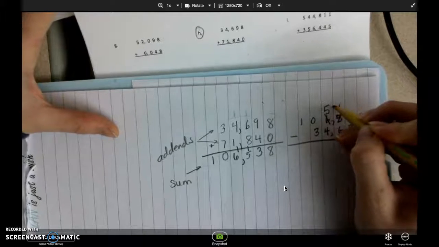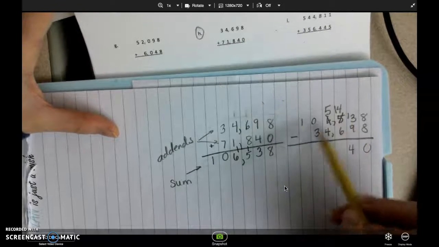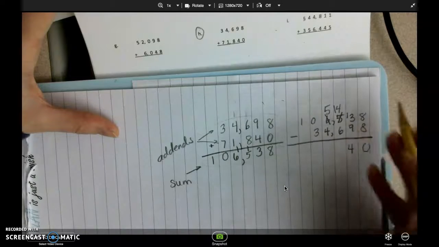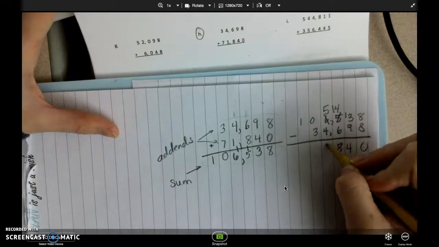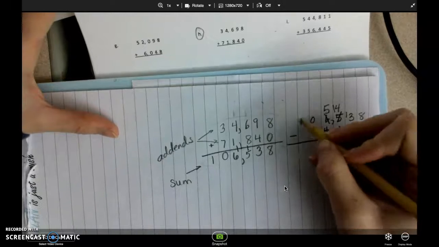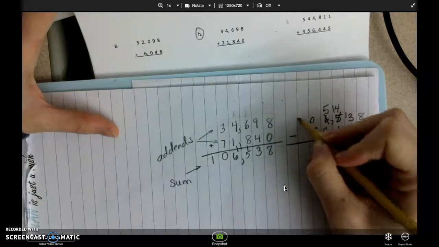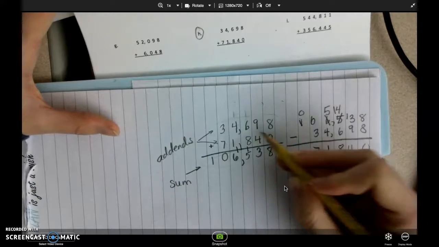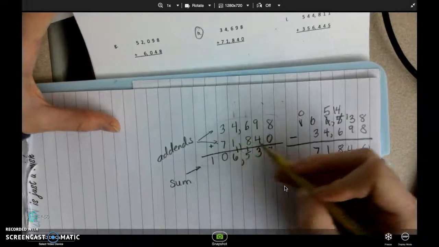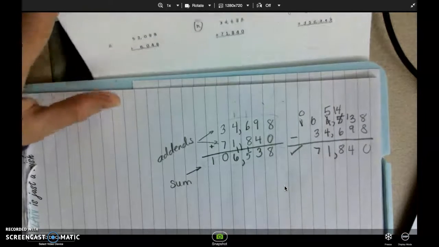So again, you need to decompose and regroup. 14 minus 6 is 8. 5 minus 4 is 1. 0 minus 3, I can't do that. I can also say my 10 minus 3 is 7, or I could regroup like that. 71,840. Oh, look, it matches this addend, 71,840, so I know my answer is correct.